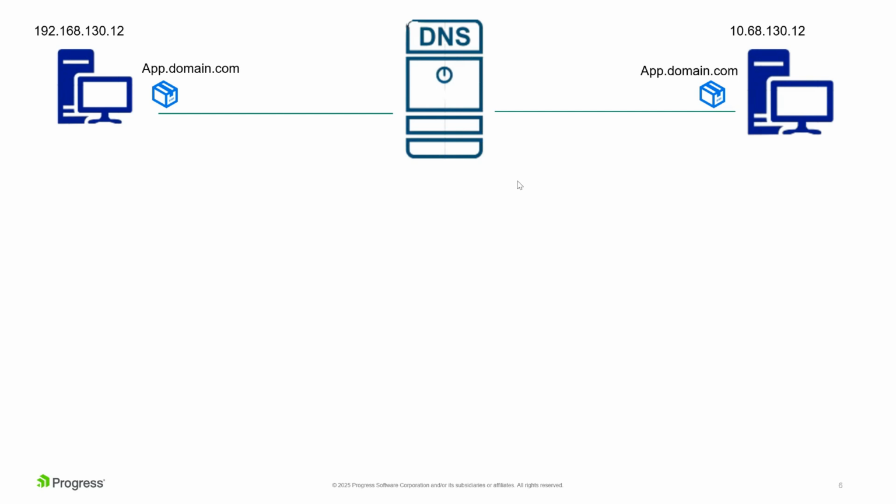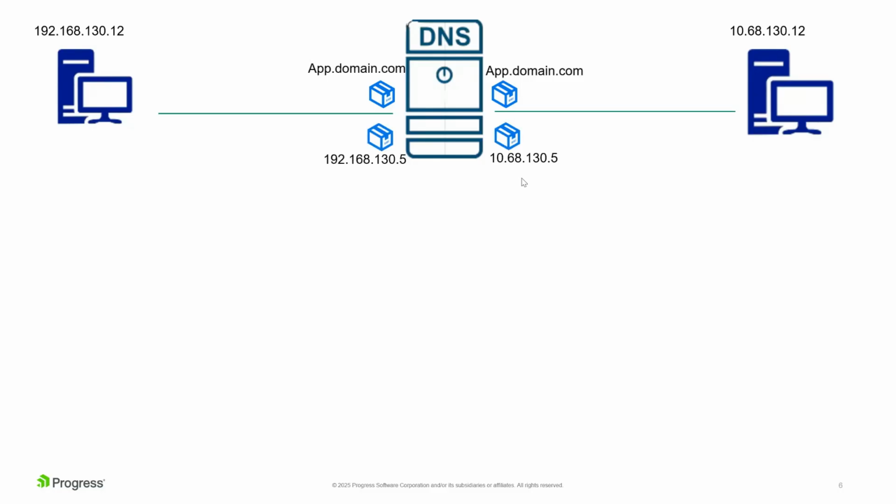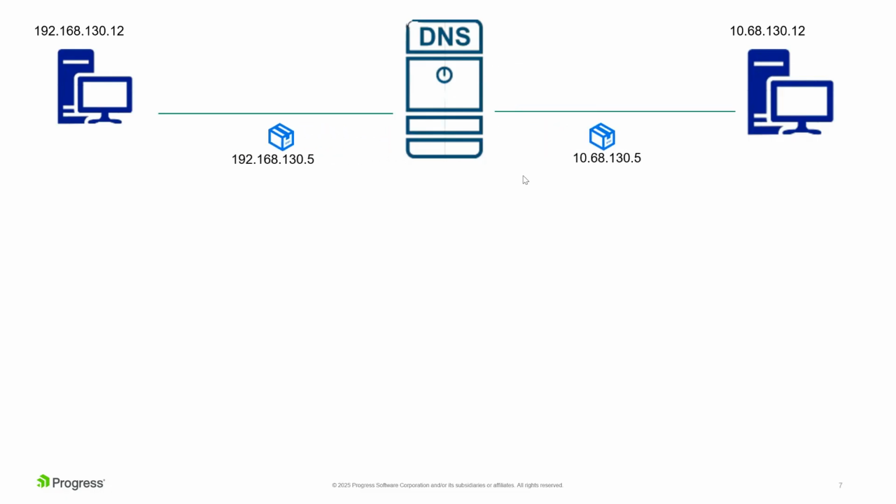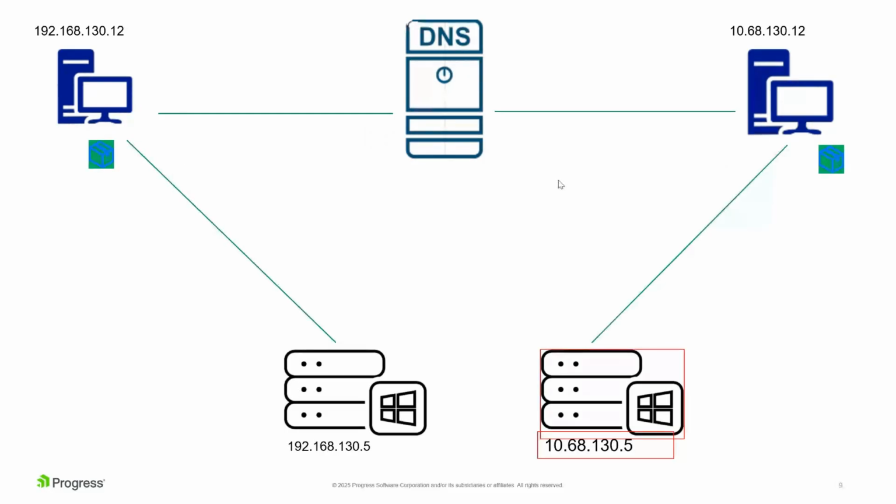The client then makes a request to the DNS server. The DNS server has a list of A records that is associated with those FQDNs. The DNS server looks through those records and provides the adequate A records for the client, and then it sends that response back to the client.